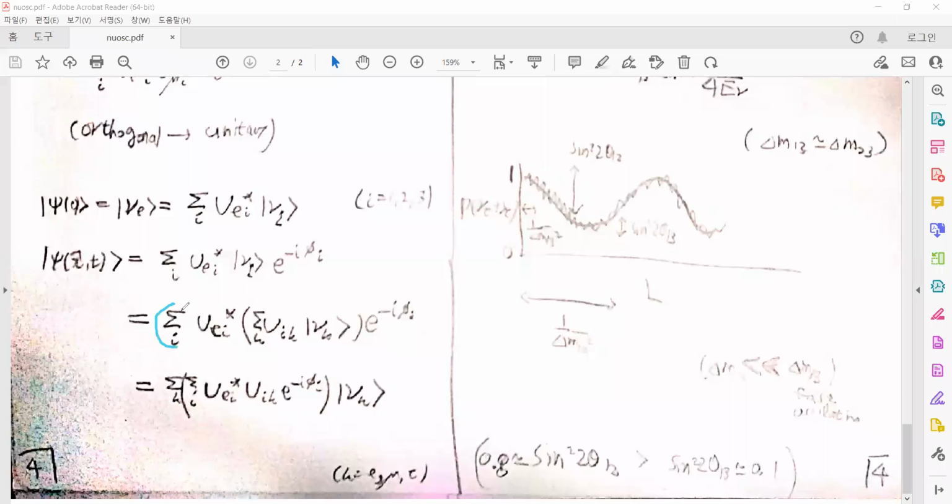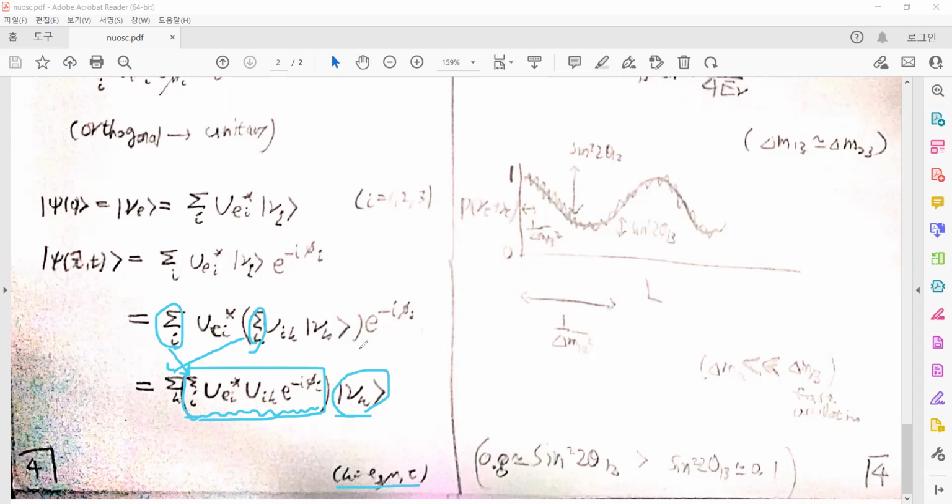If we exchange this summation, then we can rearrange the amplitude as a linear combination of the flavor eigenstates, and there will be coefficients for each flavor eigenstate. So if we square these coefficients, then we can obtain the probabilities of mixing into the flavor eigenstates nu chi, where chi is equal to e, mu, and tau.